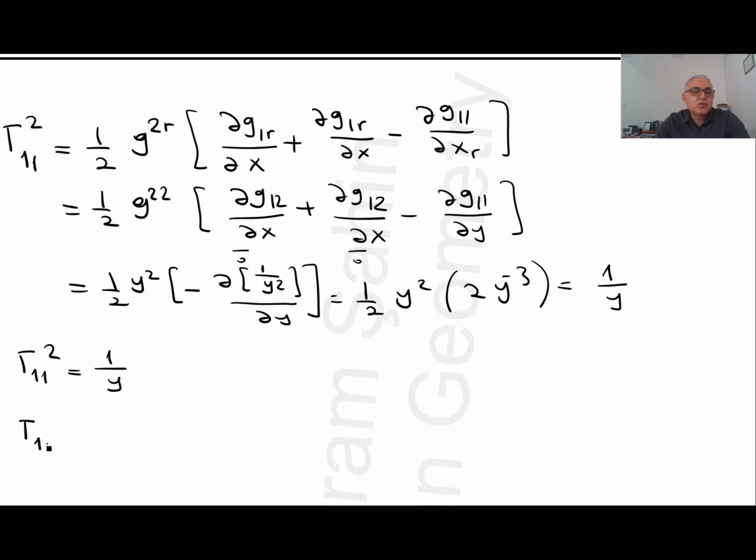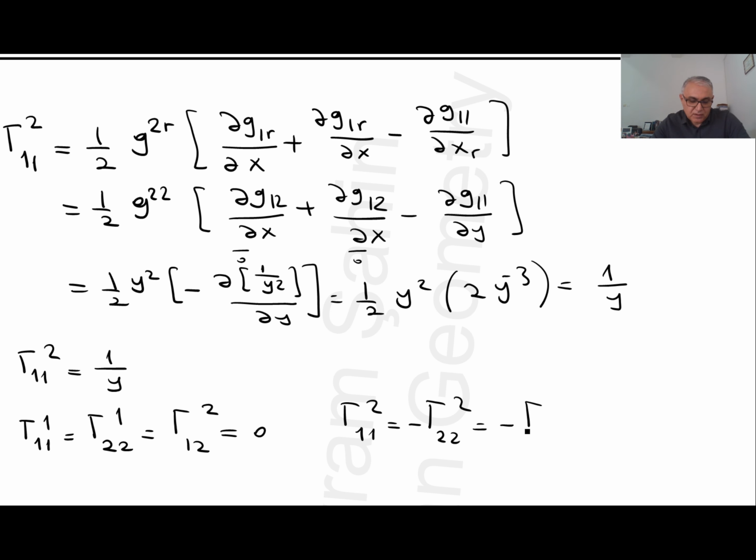Γ^1_21 and Γ^1_12 are 0, and Γ^2_12 and Γ^2_22 are −1/y and so on. All the Christoffel symbols will be 0, 1/y or −1/y.